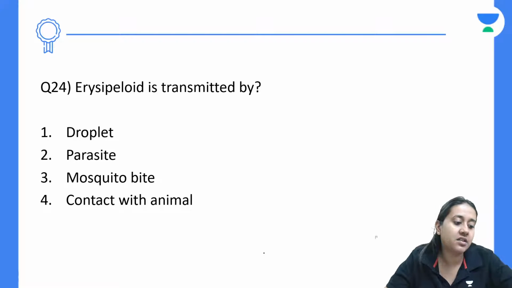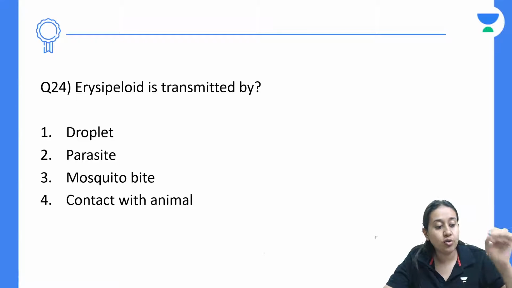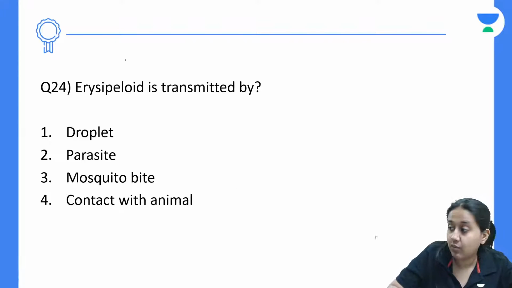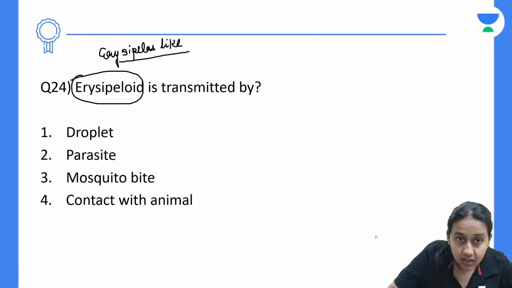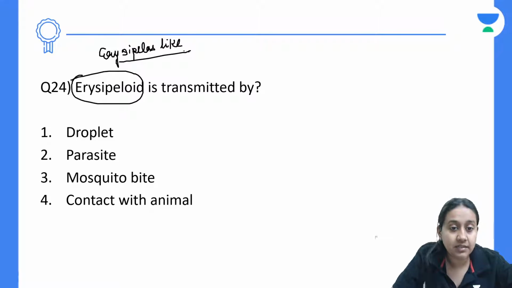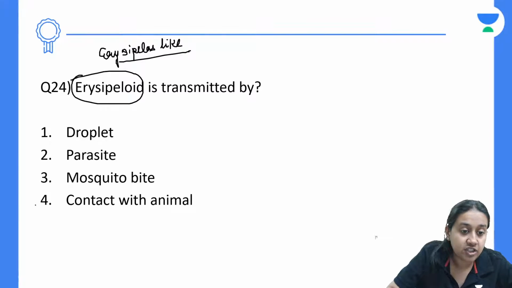Anyone can tell me the answer here? First of all, you should know the meaning of erysipeloid. Erysipeloid means erysipelas like, and here the infection is transmitted by contact with an animal.